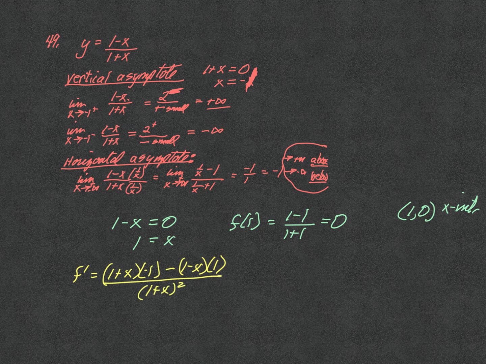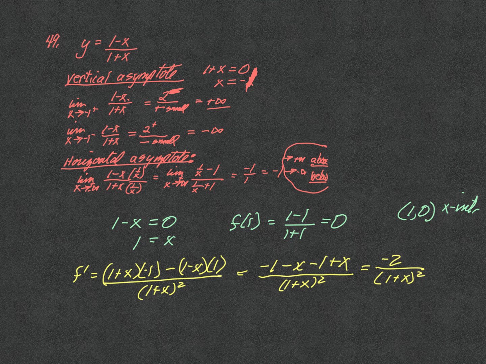That's the quotient rule. So I simplify that. I get negative 1 minus x minus 1 plus x over 1 plus x squared, and that's equal to negative 2 over 1 plus x squared. So that's our first derivative.